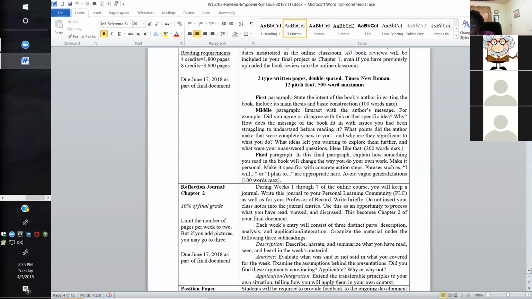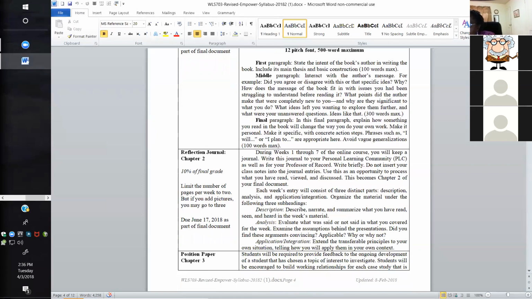The reflection journal. That's for each week. Yes, each week, right. And I would say should be a minimum of 2 pages per week. Some people are more reflective, and it depends on your writing and your sense of reflection, etc. But I would say at least 2 pages per week, 2 to 3 pages, depending on that.